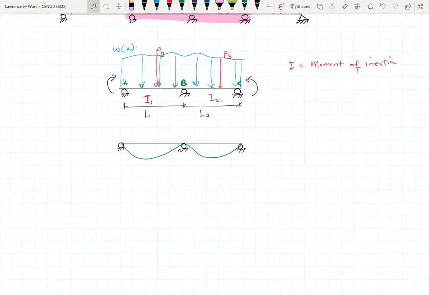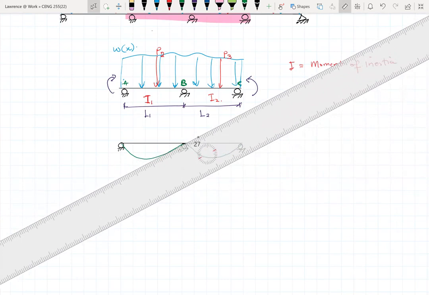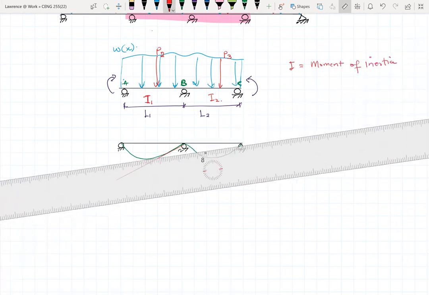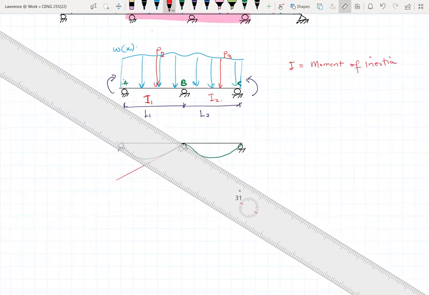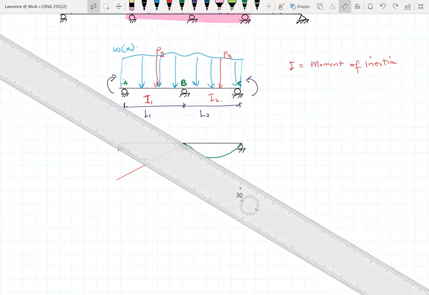If I draw a tangent from B, another tangent, this tangent will be a bit off because my curve is funny.